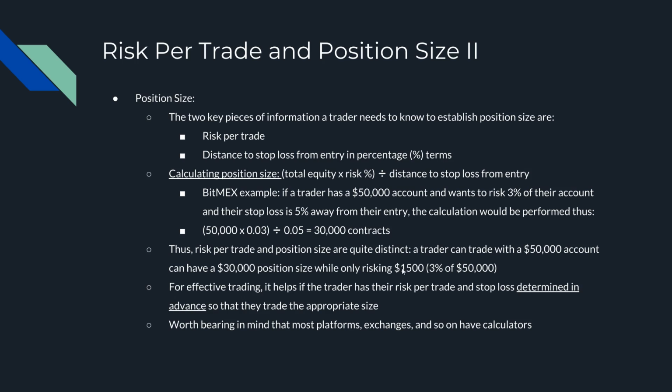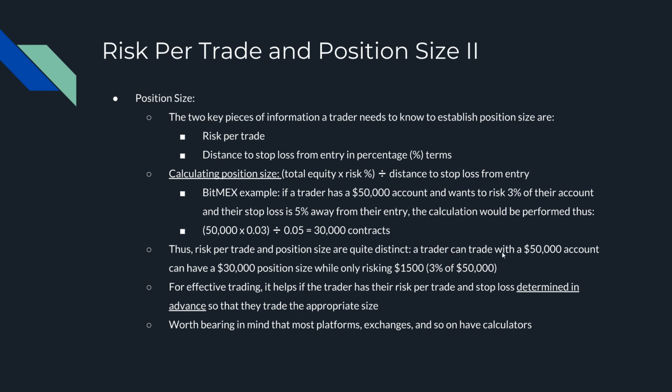So that should be very clear by now that position size and risk per trade are quite different. In this example, the trader has a $30,000 position while their total account is $50,000. You might think, hey, that's a lot more than 3%. Yes, but it's the stop loss that defines the risk. If their stop loss gets hit, they will lose that 3%.